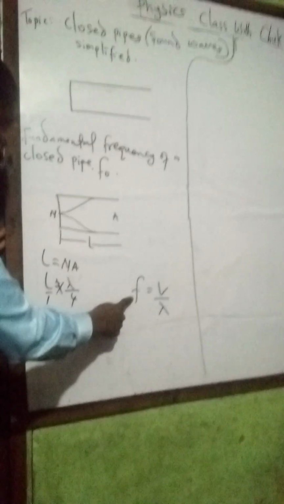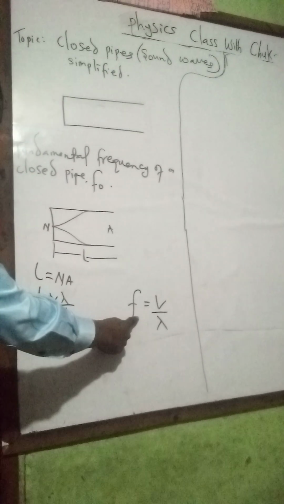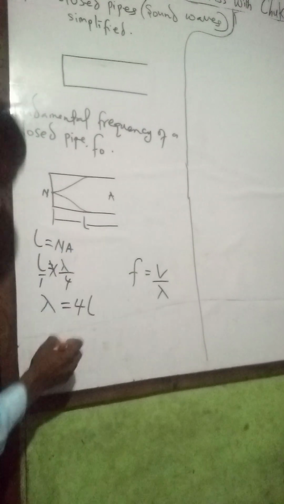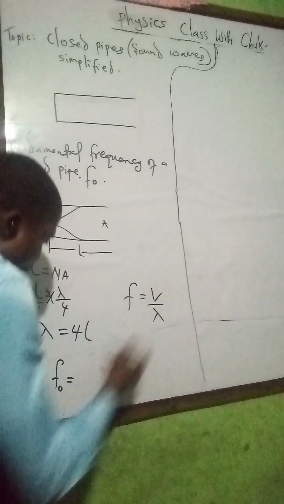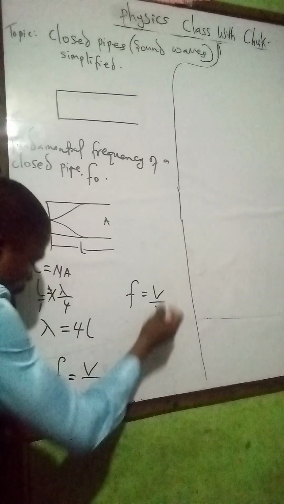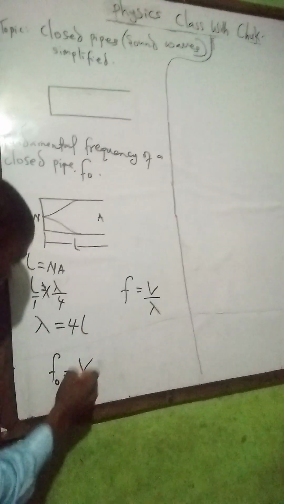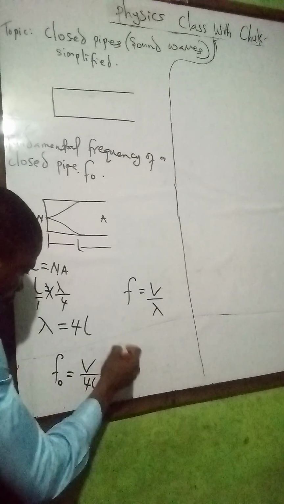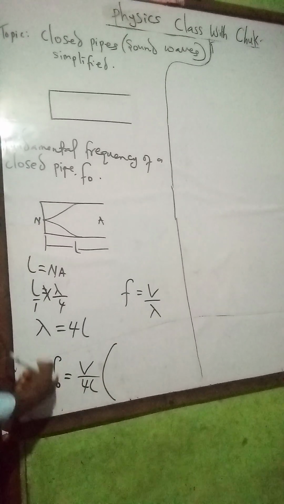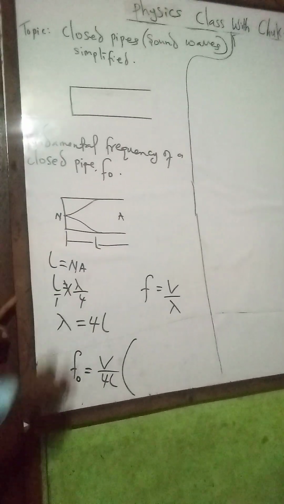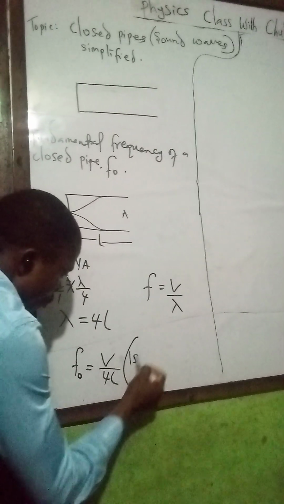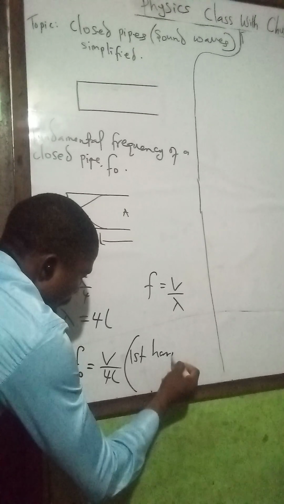And to this F, I'm going to put naught so it becomes fundamental frequency. So F naught will equal velocity V over wavelength, which is 4L. This is the fundamental frequency of a closed pipe, and it's also called first harmonics.